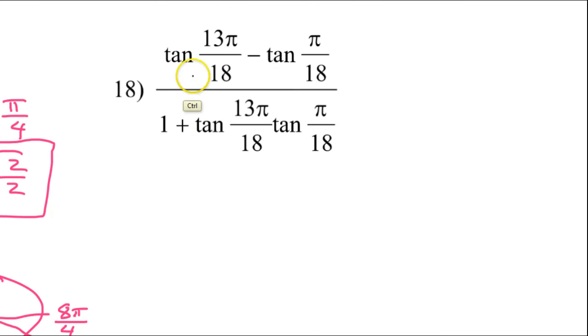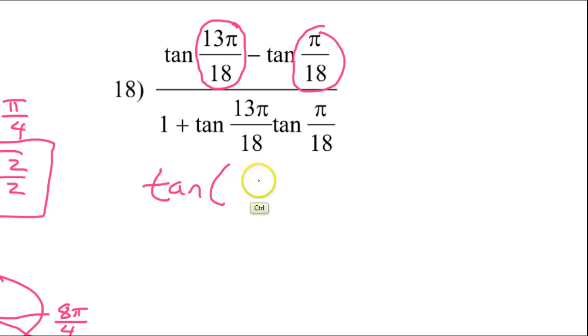And number 18 is clearly the tangent formula being used, where we have these two angles involved. And this will be a subtraction problem. So this will be the same thing as the tangent of 13 pi over 18 minus pi over 18.